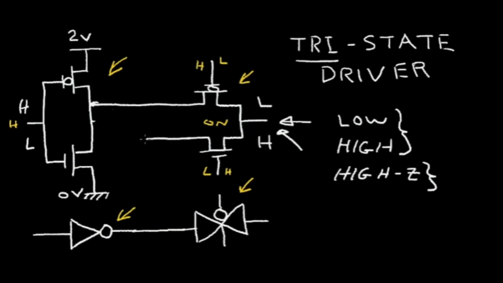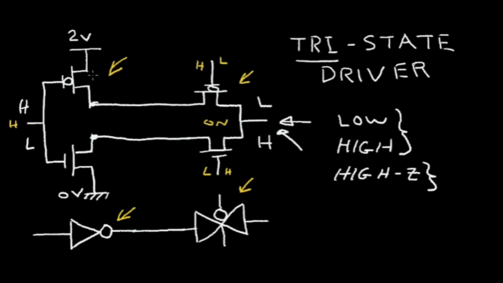The NMOS I'm going to connect over to here. So I have not changed the function or the operation of this tri-state driver at all. But let's make another small change. Let's remove this connection right here at the output of the inverter. Now I've changed the circuit a little bit, but the function is still the same.